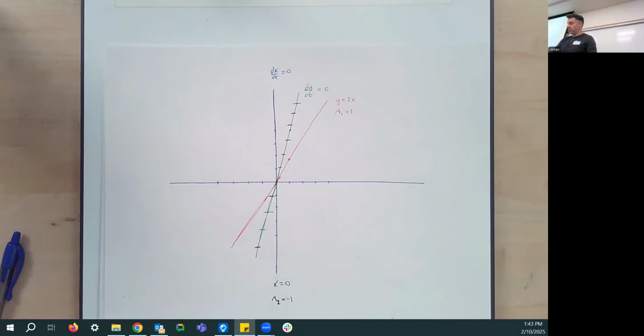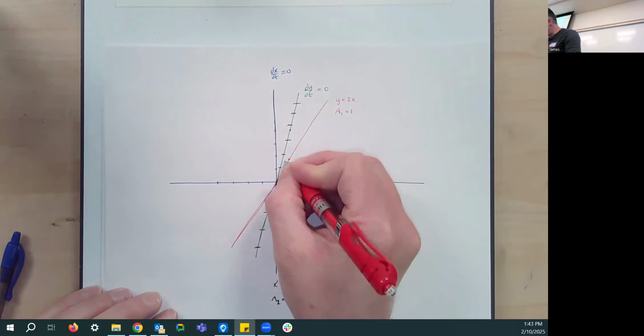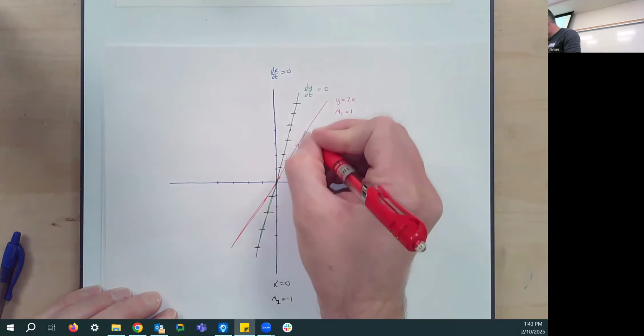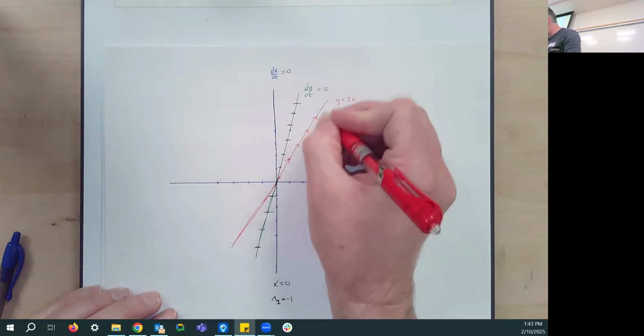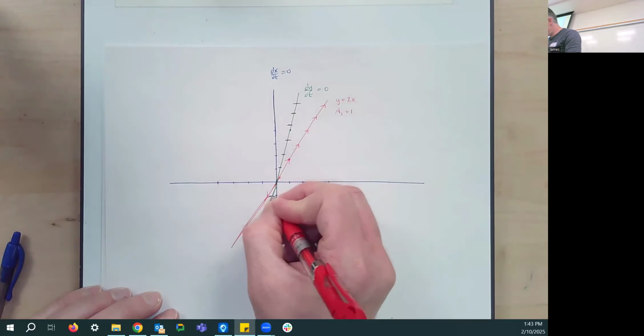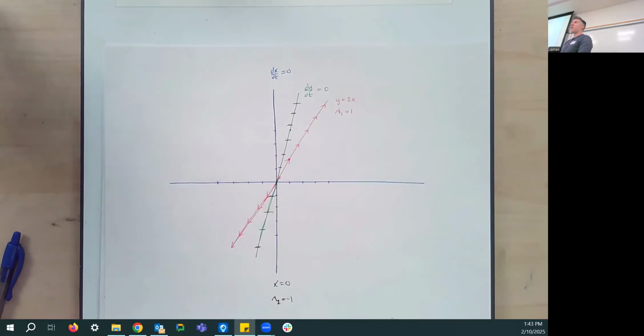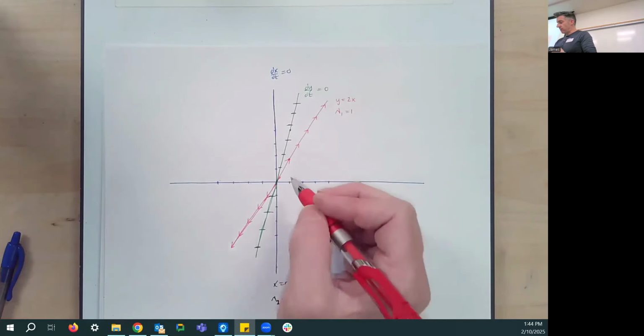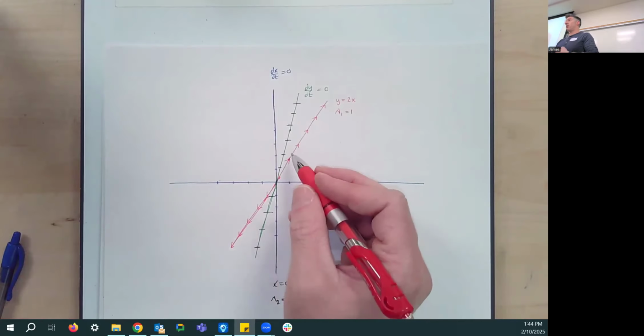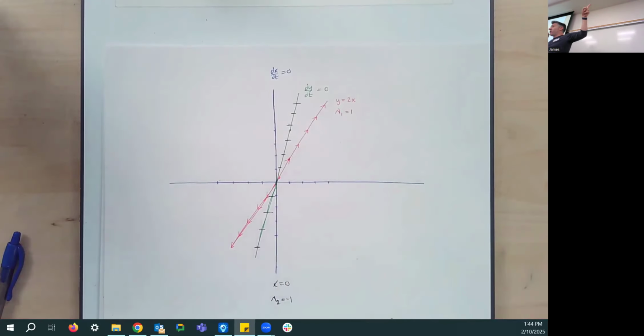So our vectors along this line point outward, away. Because we're just seeing what the matrix does to the vector, and the eigenvalue tells us the matrix gives you back the same vector you started with. So I plug in a vector of, say, (1, 2), I get back a vector of (1, 2), pointing in exactly the same direction.